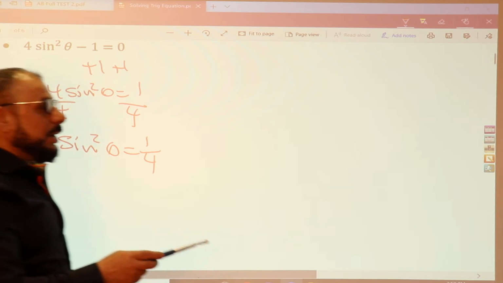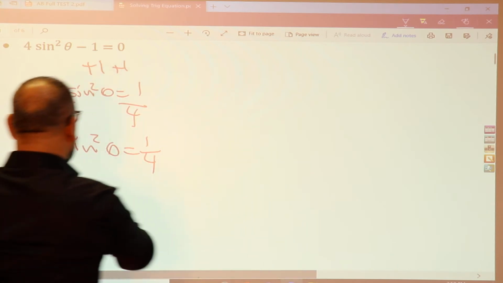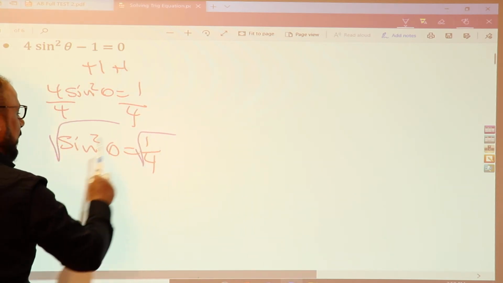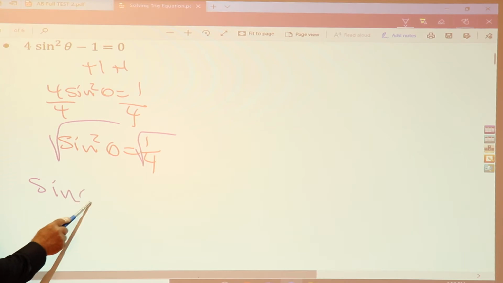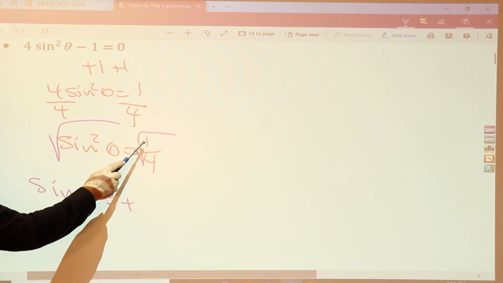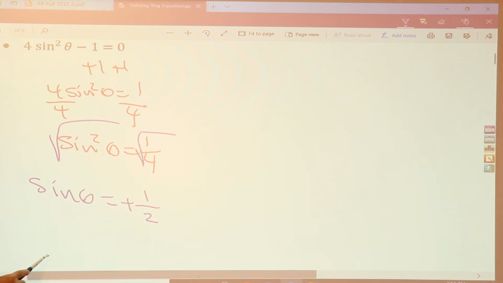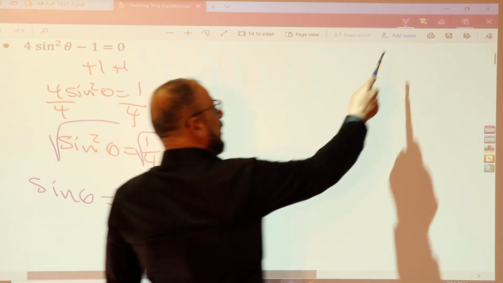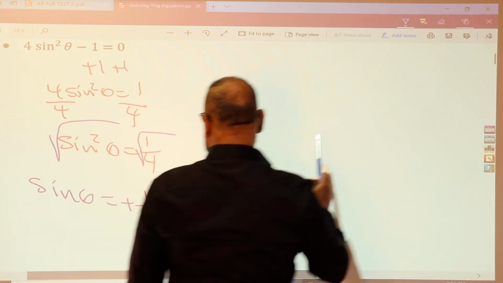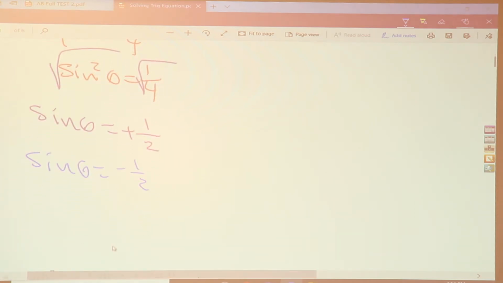When I have sine square, from algebra, you take the square root of both sides. Sine theta equals plus or minus 1 over 2. So sine theta equals 1/2 or sine theta equals negative 1/2.